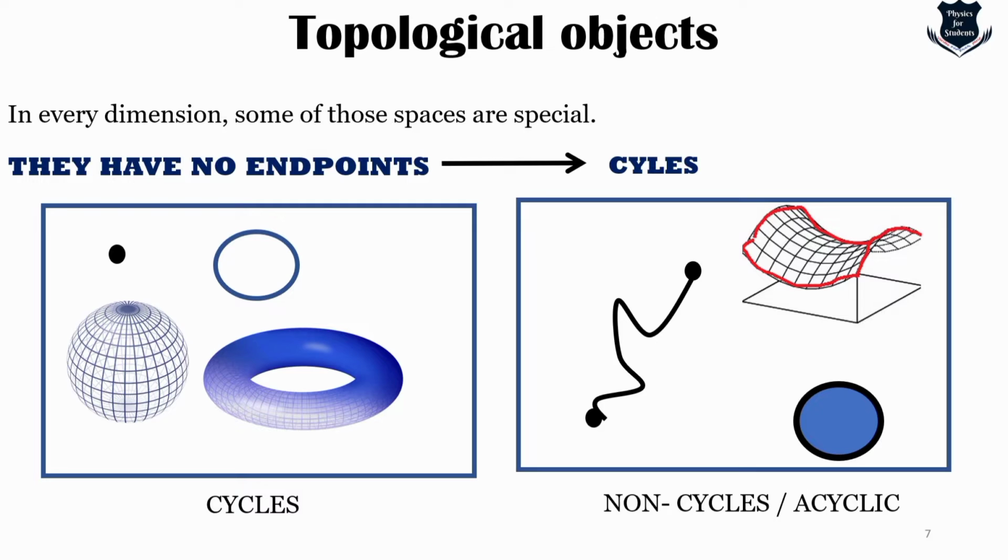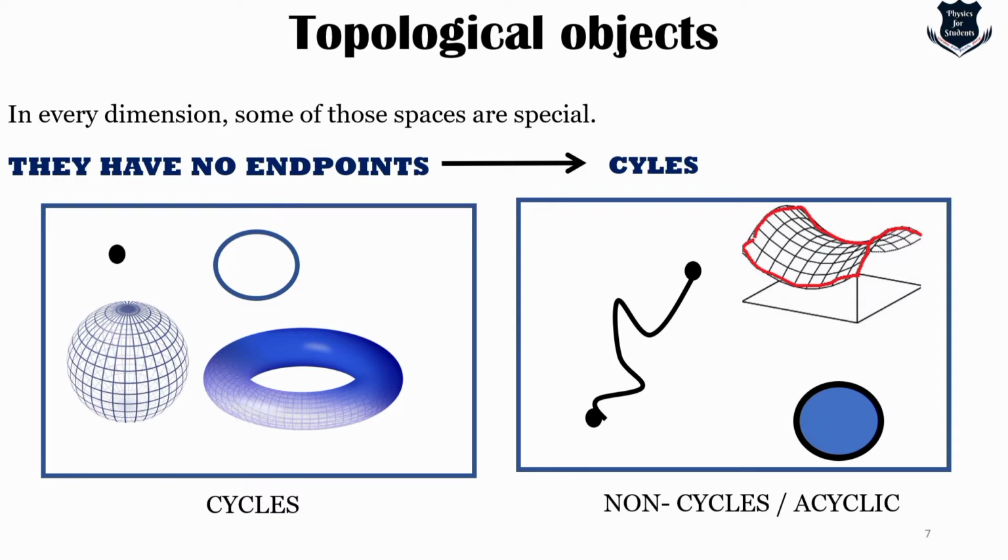These shapes are deformed versions. The circle, as you can see, has become a little bit longer. The torus and the oblate spheroid, all those things are deformed versions and may be collectively called cycles.